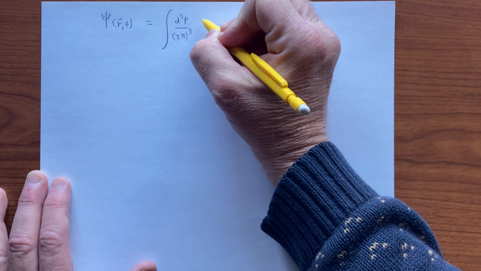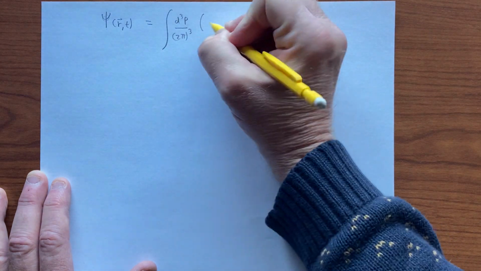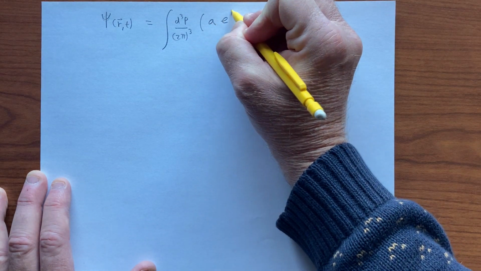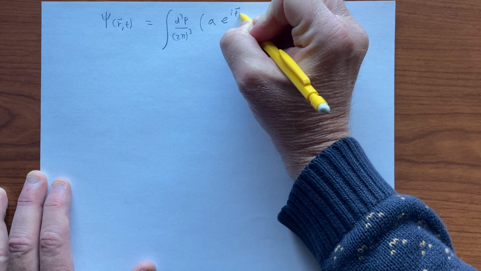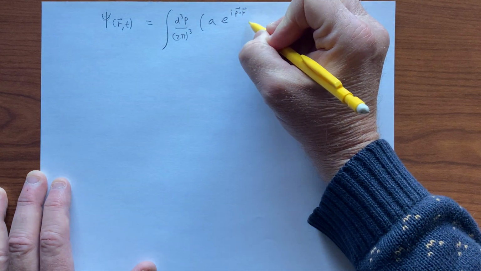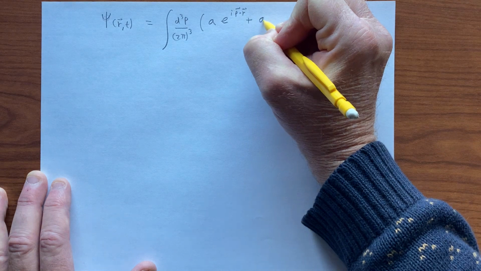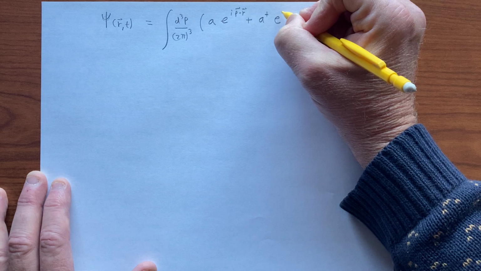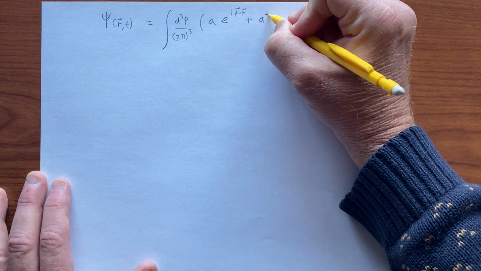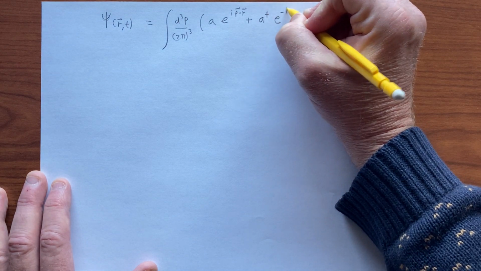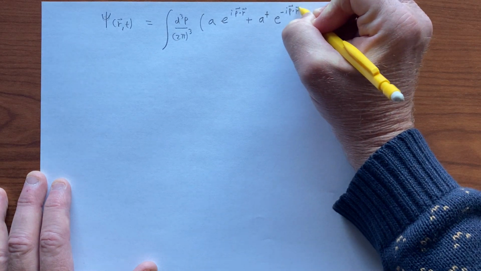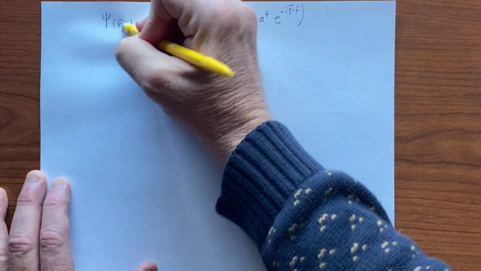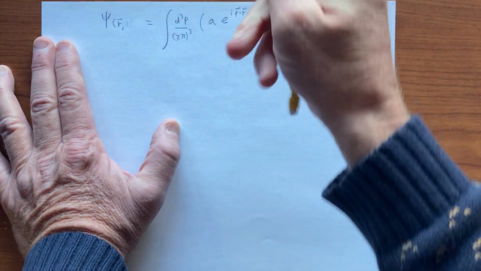This is going to give us a combination of a e to the i p r plus a cross, where the cross goes with minus i p r. I'm forgetting about time for the moment.